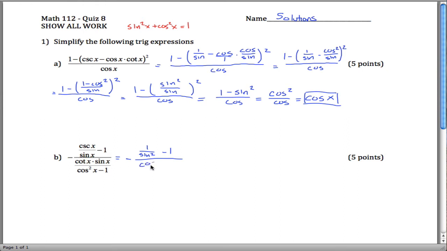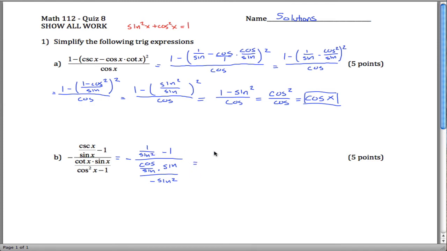I'll write it out, cosine over sine times sine. So that's going to cancel out nicely. And then down on the bottom of that, I got cosine squared minus 1. Cosine squared minus 1 is the same as negative sine squared.